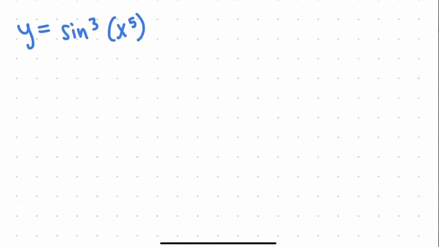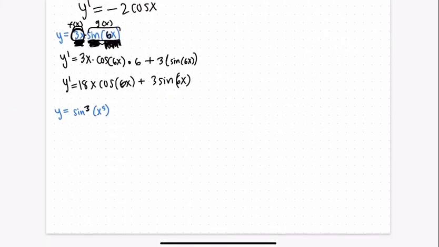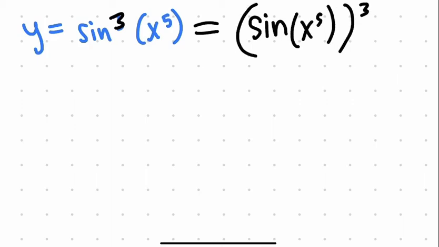All right, now as we said in this problem here, remember, if there's an exponent after the trig and before the x, this is automatically going to go out and multiply this whole thing, okay? So using that rule, we have to rewrite this. So we rewrite this as sine of x to the 5th, to the 3rd power, right?